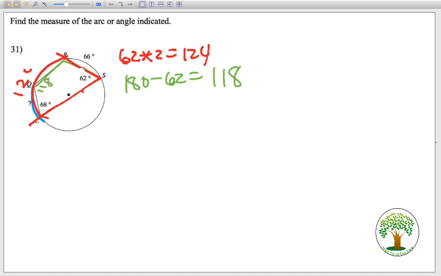Let's see what else. So that means that this is twice that, 236. So this whole piece is 236.